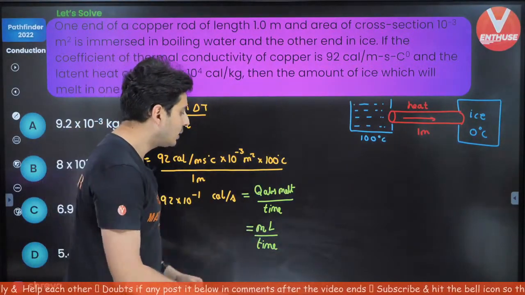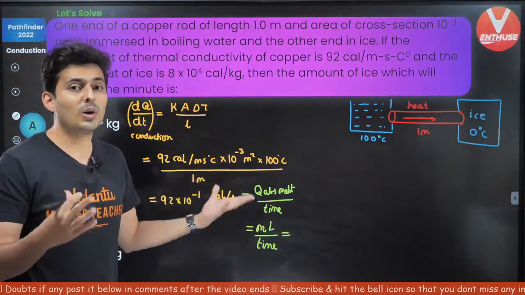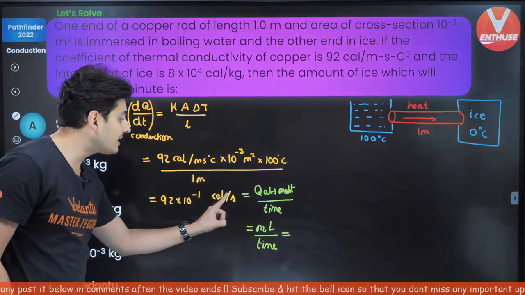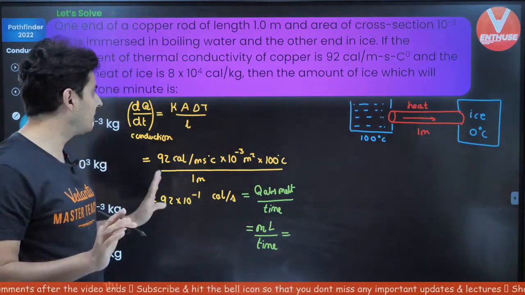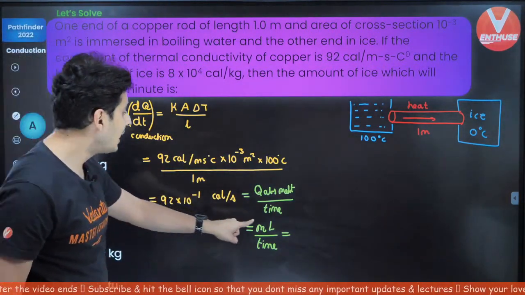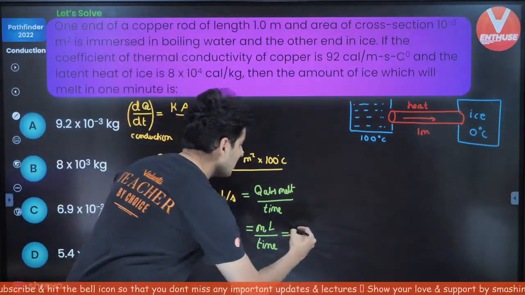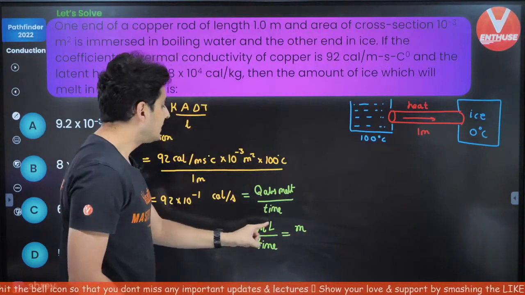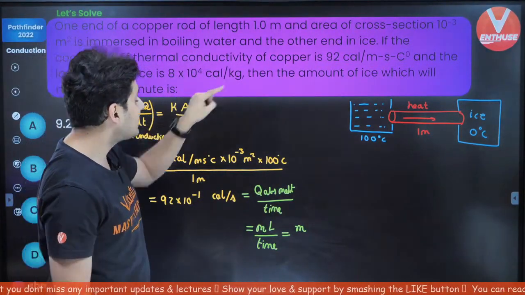Now let's try to rearrange this and try to substitute whatever we know and see what we get. Remember, LHS has calories per second. I'll try to make sure everything is in calories per second in some way or the other. M, I think the amount of ice is asked. M is not known, so M is unknown. Latent heat is 8 into 10 to the power 4 calories per kg.